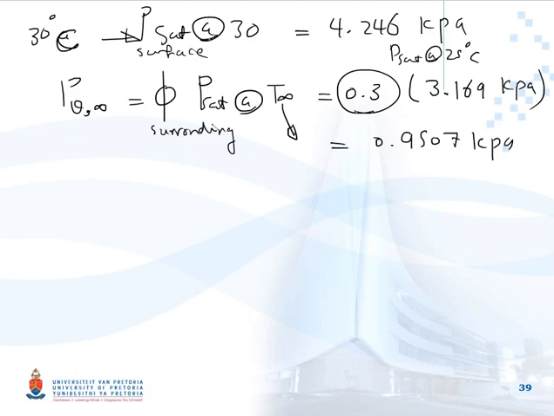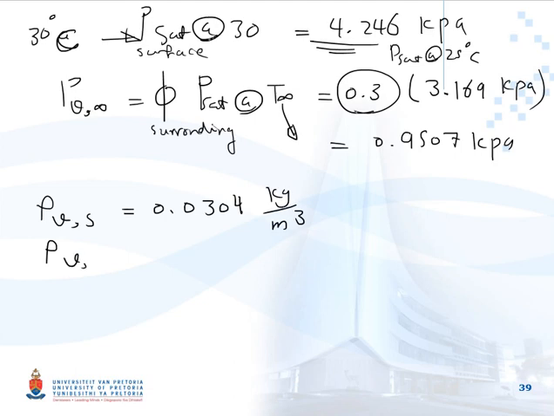Okay. On the surface there is no phi, so basically rho_s will be equal to 0.0304 kilogram per cubic meter, and rho_v infinity is equal to 0.0069.